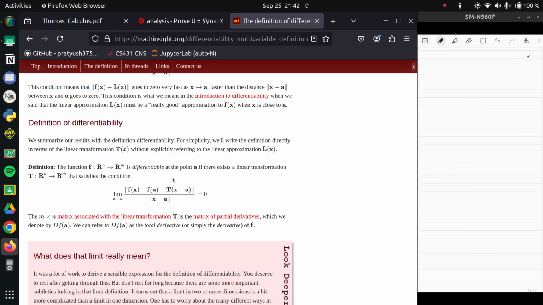So basically we are saying if there exists some vector, some constant vector t, so there exists some t vector such that our x vector minus a vector dotted with the t vector, right?